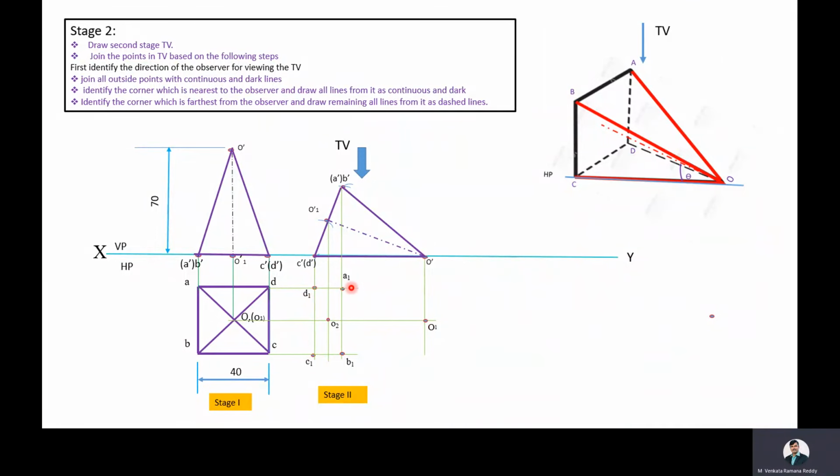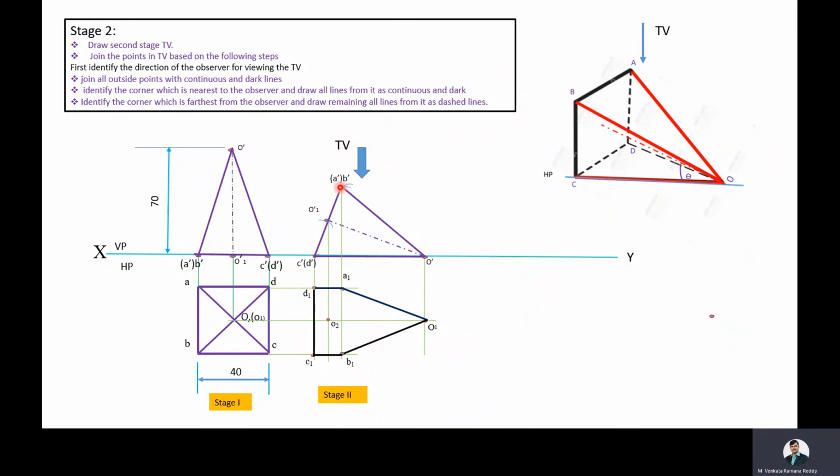Here O1, A1, D1, C1 and B1 are the outside points and all these points are to be joined with continuous and dark lines. Second step is to identify the corner which is nearest to the observer.